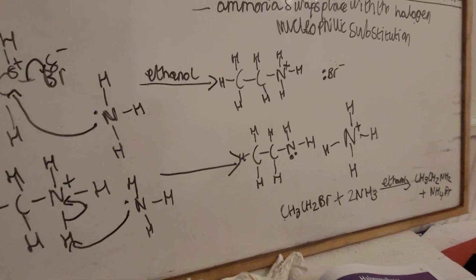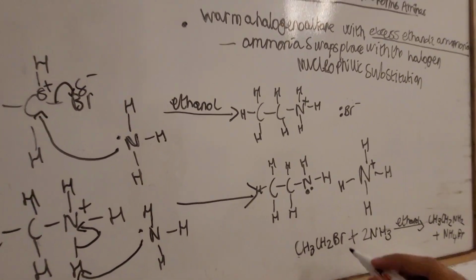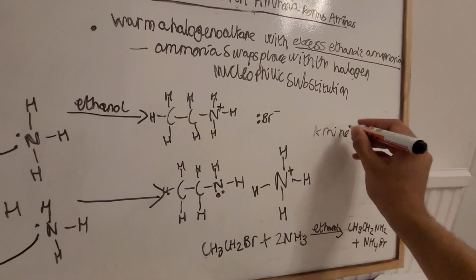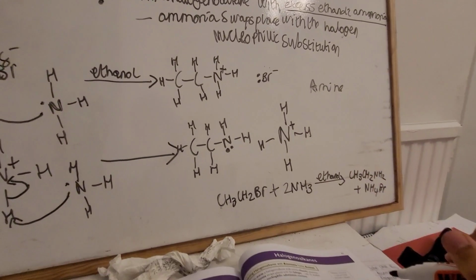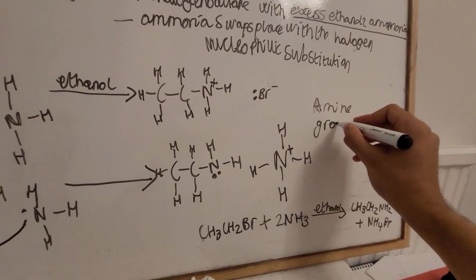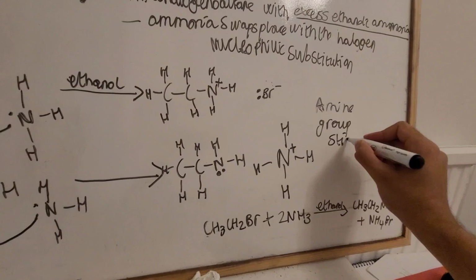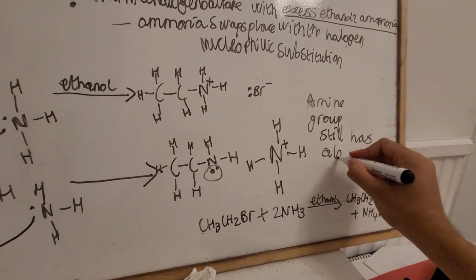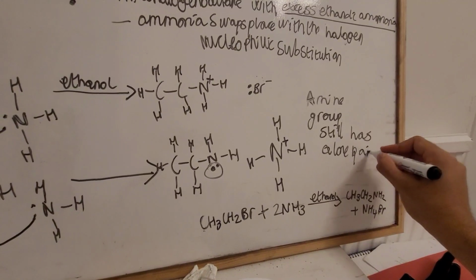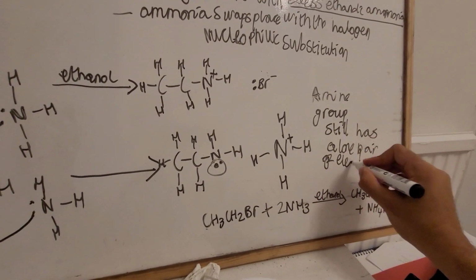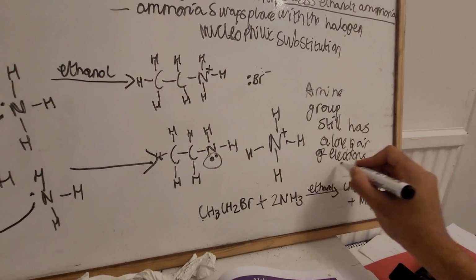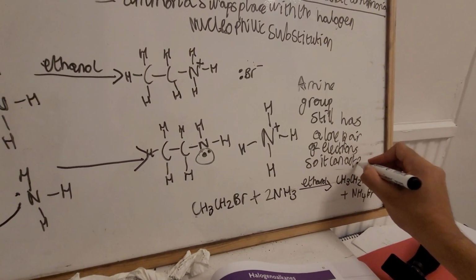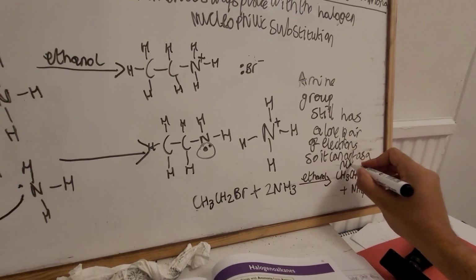And one more key thing to note is that the amine group still, you can see, still has a lone pair of electrons, so it can act as a nucleophile.